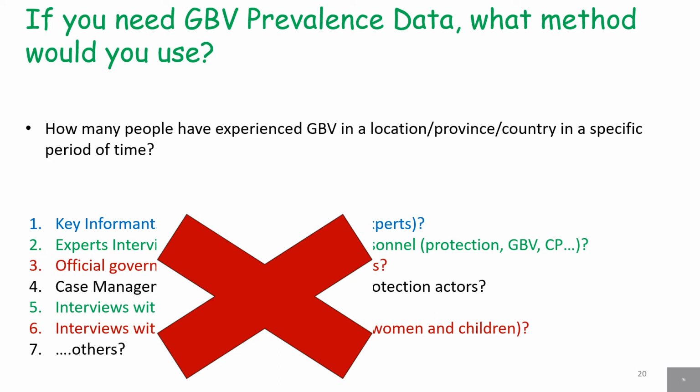Some of our protection experts on the call may wonder, why not use case management data or data from the police on reported cases as prevalence, because that's also been the case. But the answer is no. Case management data tells us about the beneficiaries of the services.